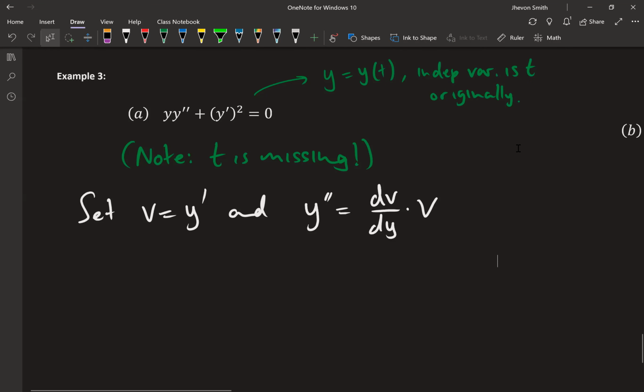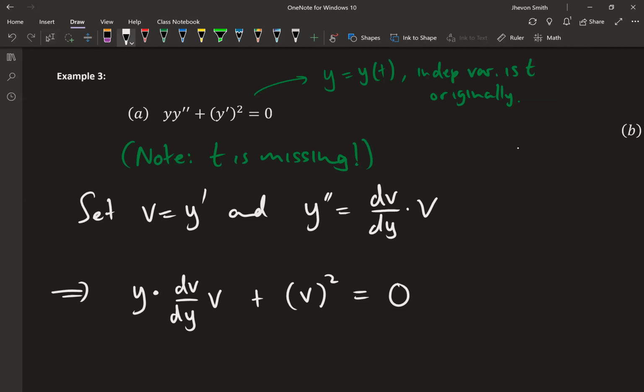Now, if I do that and I plug in this, what's going to happen? Well, I'm going to have y times y double prime, which is dv/dy times v, plus I'm going to have v squared, because my y prime is v, and my y double prime is the guy that's here.